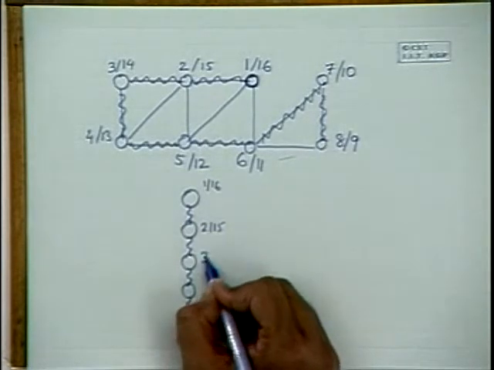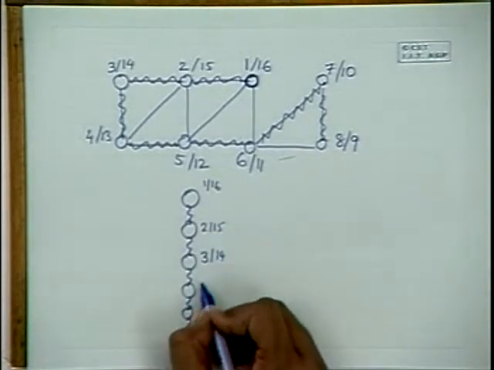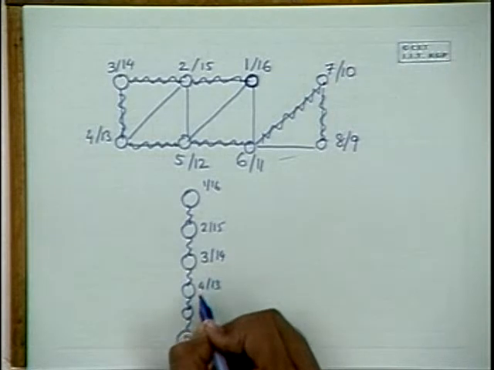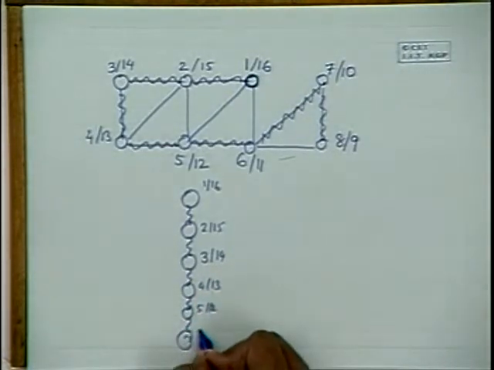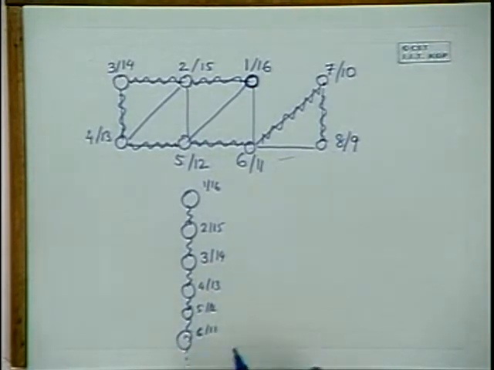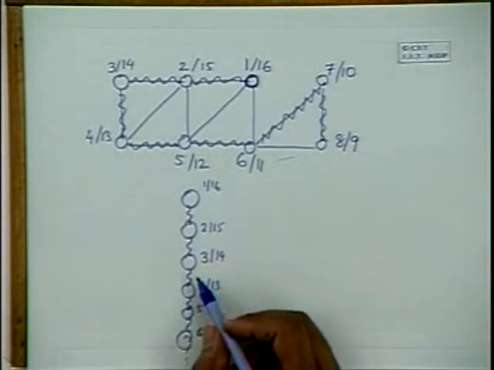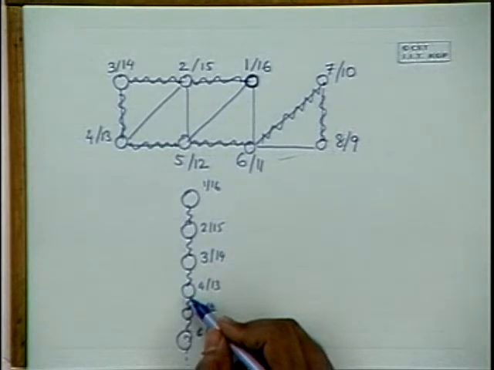This is 3 over 14, 4 over 13, 5 over 12, this is 6 over 11, actually some more are there. I don't have space to draw, but 7 over 10, 8 over 9 will come. And if you draw the other edges, you can see all the others are back edges in this case.